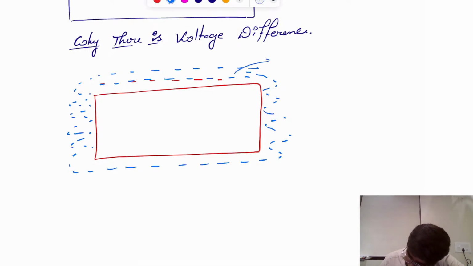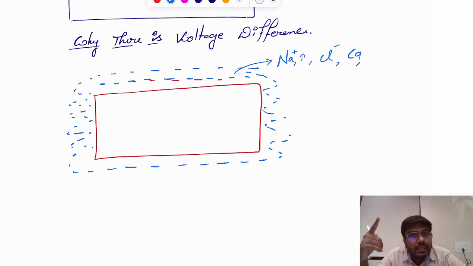Outside the cell, in the extracellular fluid, there is more sodium. Seas are full of sodium and chloride. There is more chloride outside the cell, and more calcium outside the cell. So outside the cell, sodium, chloride, and calcium are more abundant.